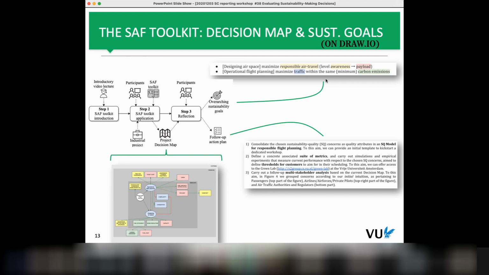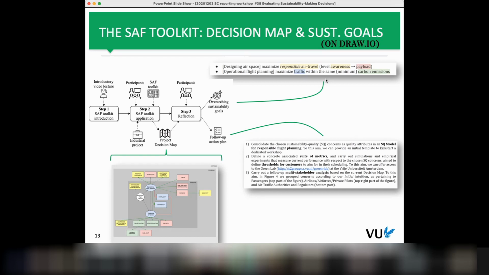And the related sustainability goals would be to use the software to maximize the responsible air travel, which you can measure in terms of how much awareness we create in the customers about the possibility of responsible traveling, and also with the link on payload in terms of the comfort, but also in terms of how many people and how much cargo we can fly.